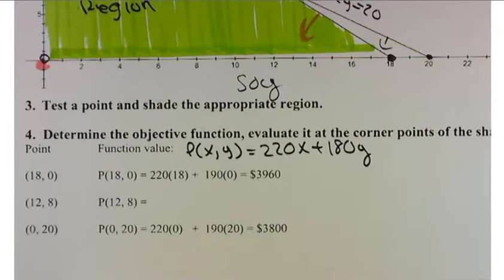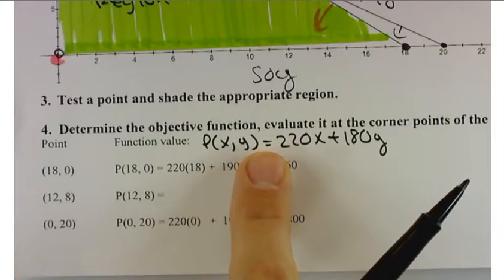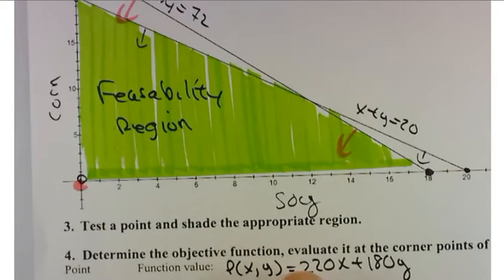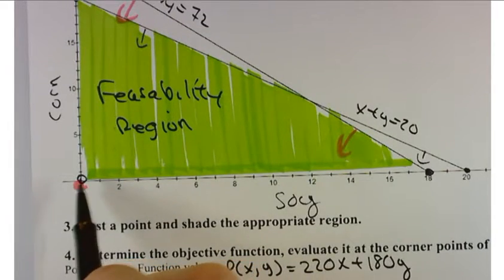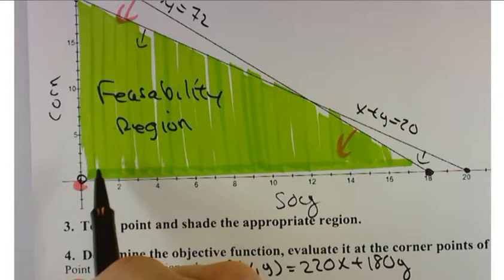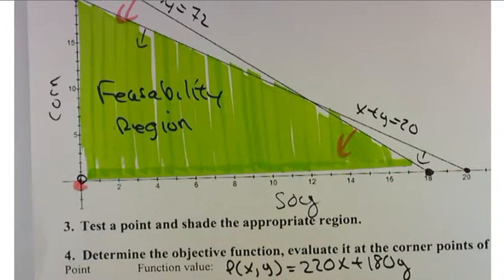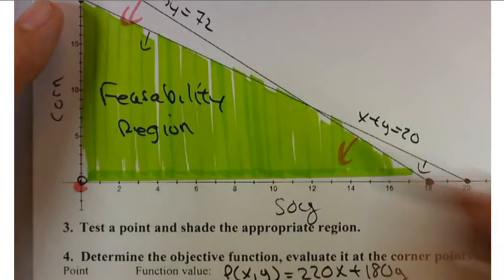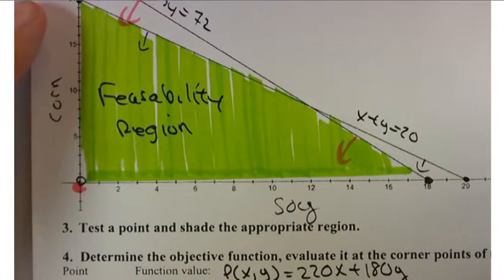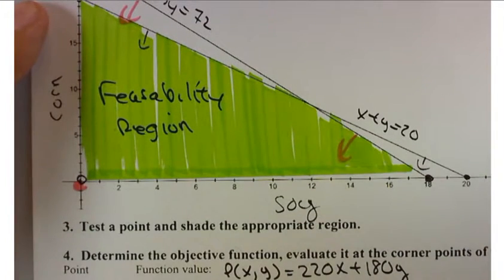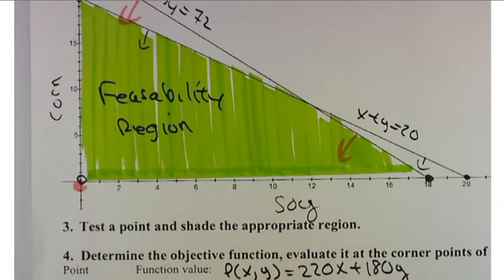So the question is, what combination of points in here maximizes this profit function? There's a lot of combinations. You could plant 0, 1, 1, 2, 2, 3, etc. And it'd probably take you a long time to figure out all the different combinations and test them all. But there's really good news.